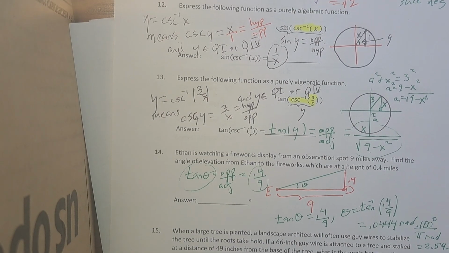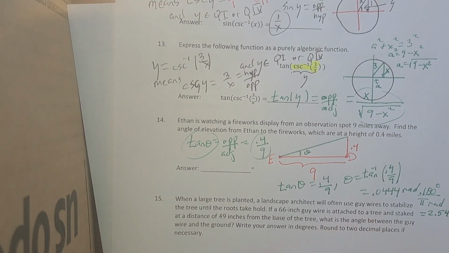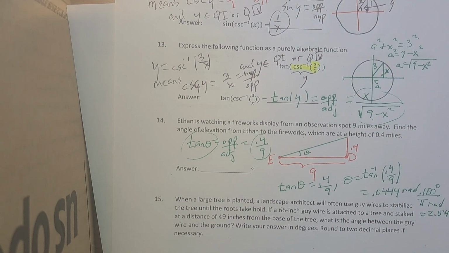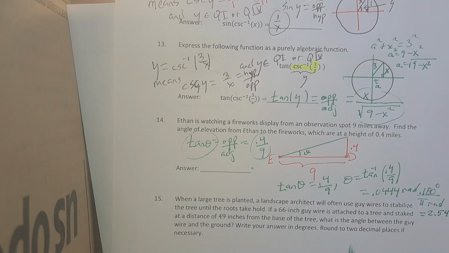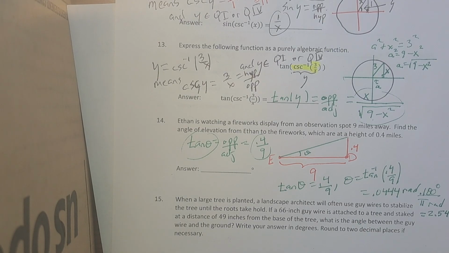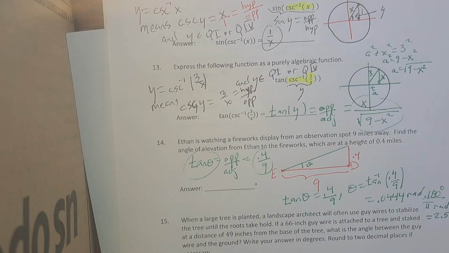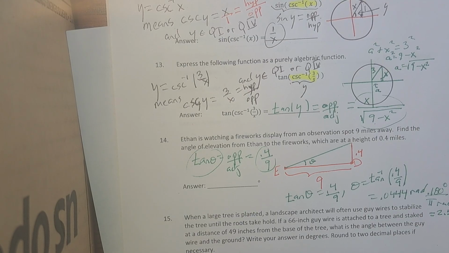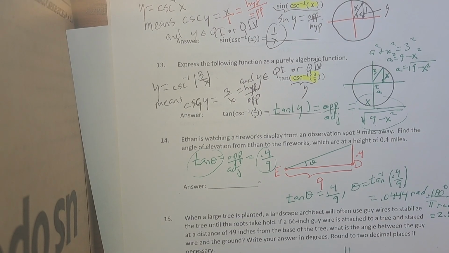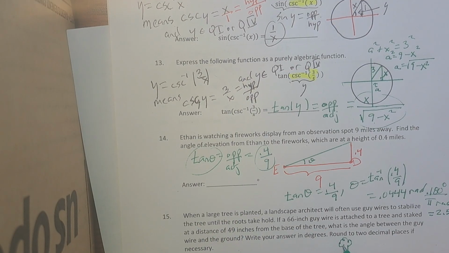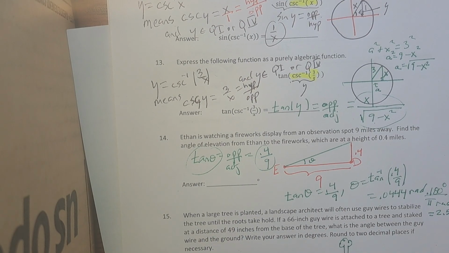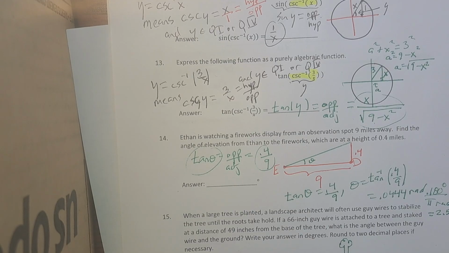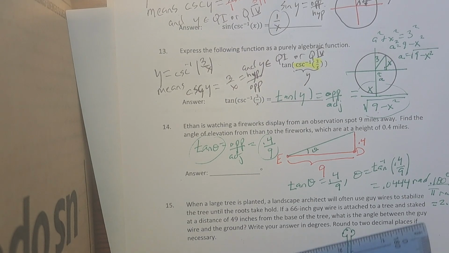Okay, so now it's the last problem. You're going to plant a large tree, and you're going to attach a wire to the tree to stabilize it. So let's put the tree, say, here. It says there's a wire that is attached to the tree and staked at a distance of 49 inches.